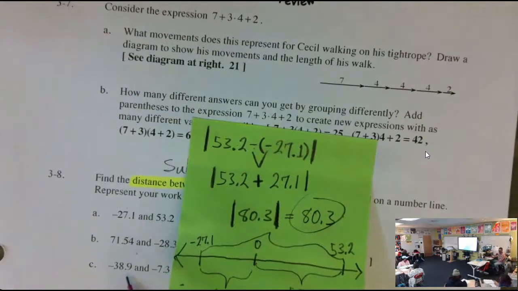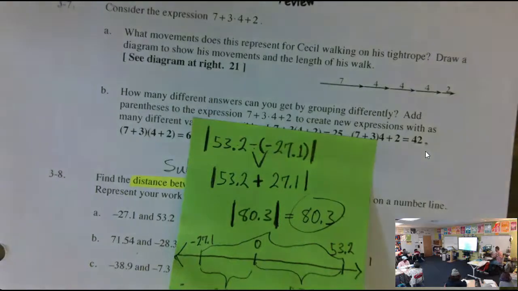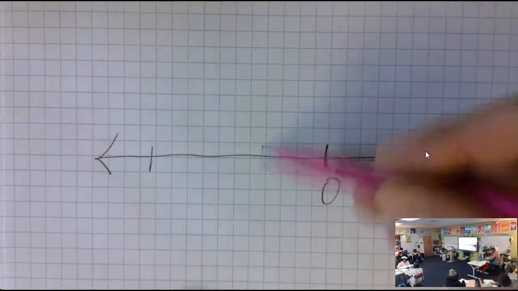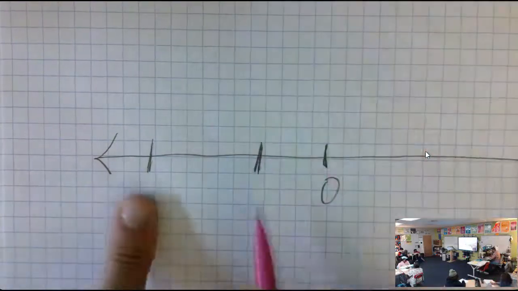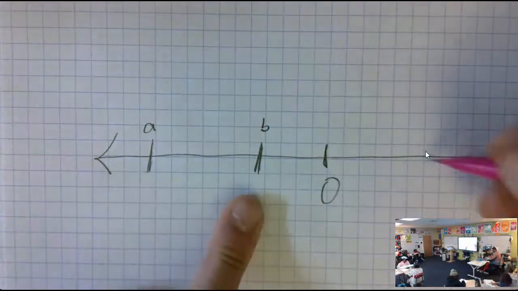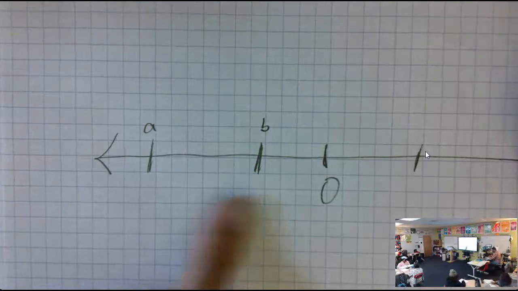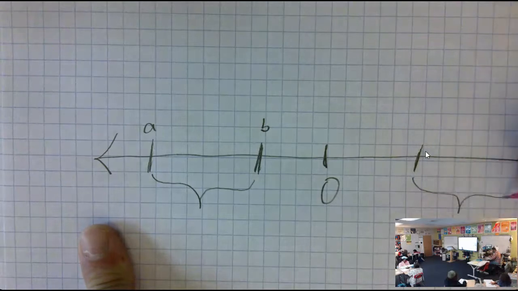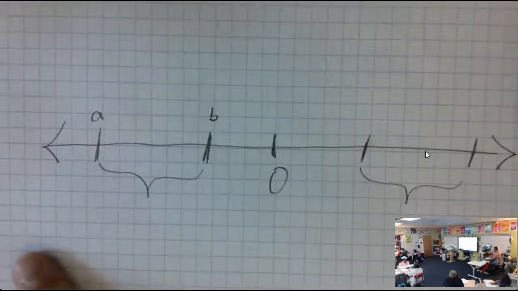C, give me your eyes. C's easy. But check it. Think about your number line, right? If you have two negative numbers, so you got 0 in the middle, and we have two negative numbers, we'll call them A and B. It's the exact same as if you have two positive numbers, because the distance between here works the same as the distance between here because they're both going to turn out positive.